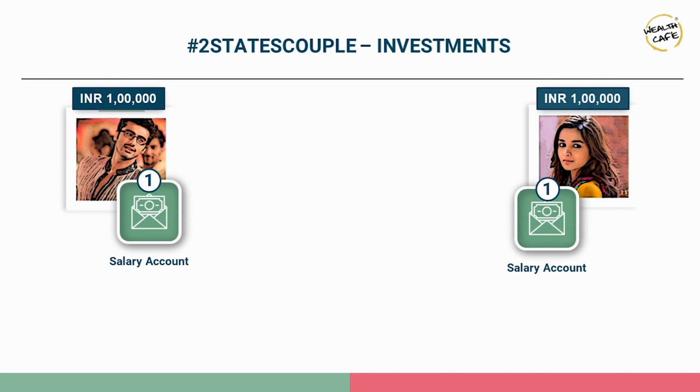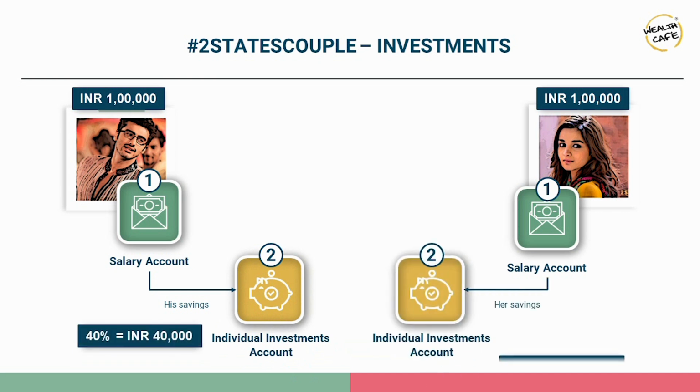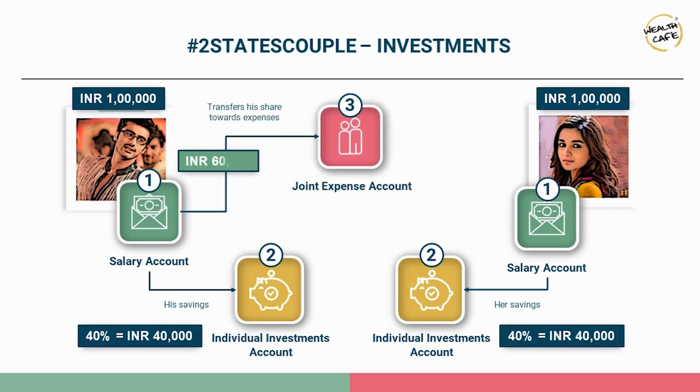So they have arrived at a number of 40%. So 40,000 rupees each is transferred to their respective investment accounts, and from there it would get invested, and the balance 60,000 rupees will go towards their joint expense account.